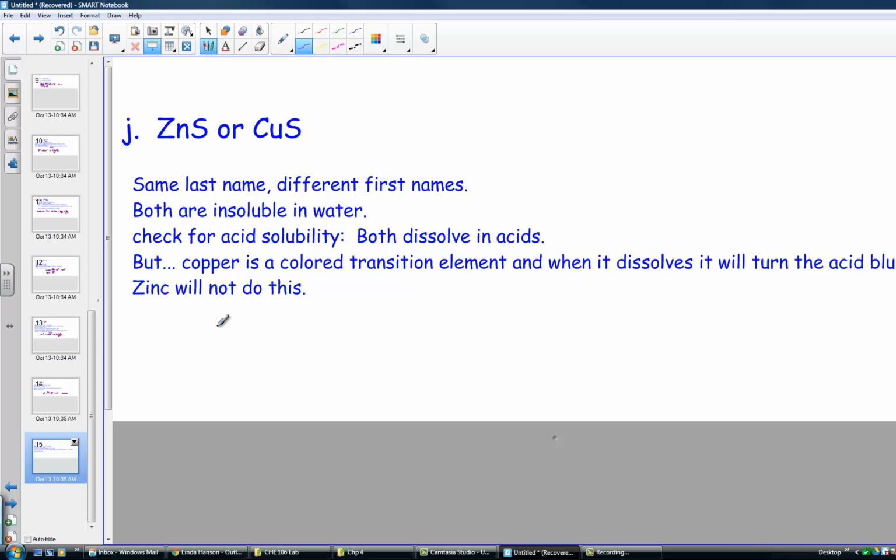We'll take a little bit of the copper ion, and I'll just say that we're using CuS, and we'll place it into an acid, such as HCl, and we'll form the aqueous ions of copper, which would be a +2, and the aqueous ion of sulfide, which carries a -2, and this does dissolve, and it will turn blue, a copper-colored blue.